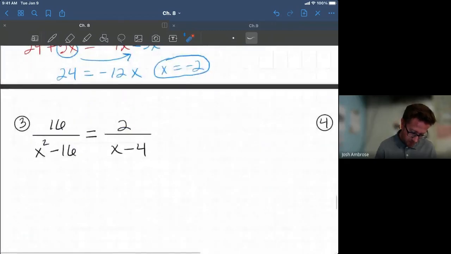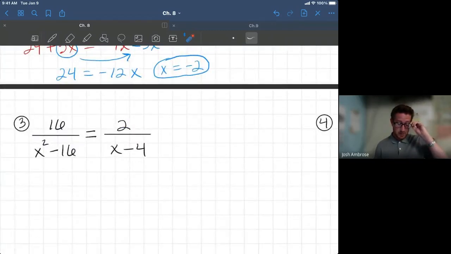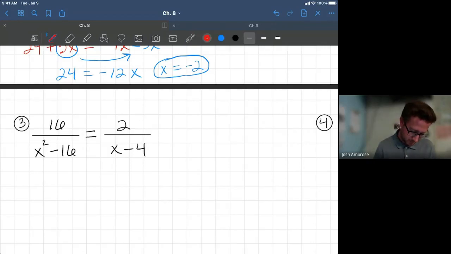Third example problem. Okay, so what we're looking at here, let's go ahead and factor this right here, because that is a perfect square binomial. All right, so let's go ahead and do that.